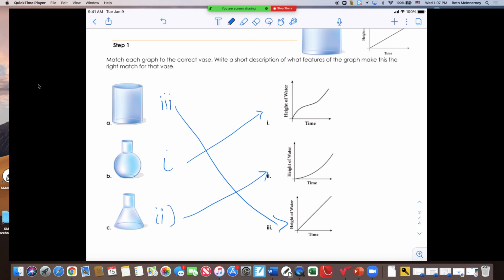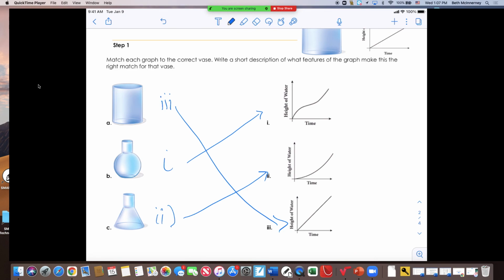And so let's talk about this if you got these wrong. It takes a little bit of getting the hang of this. Do you see in letter C, this is a really, really wide base. So that means when the water's first coming, the height goes slowly. Then as it widens, it's going to go faster.